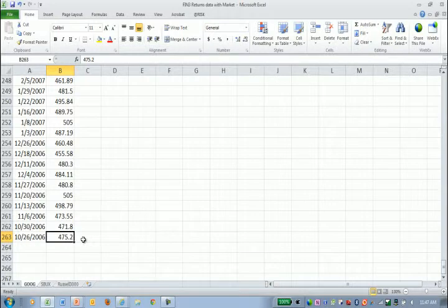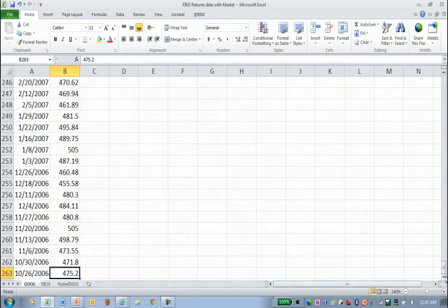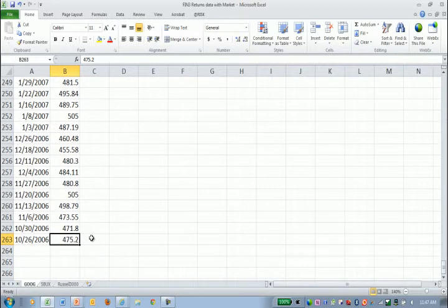So in October of 2006, if you bought Google, you paid $475.02. If you owned it for a week, right, then what? You lost money, okay? Those are all dollars.